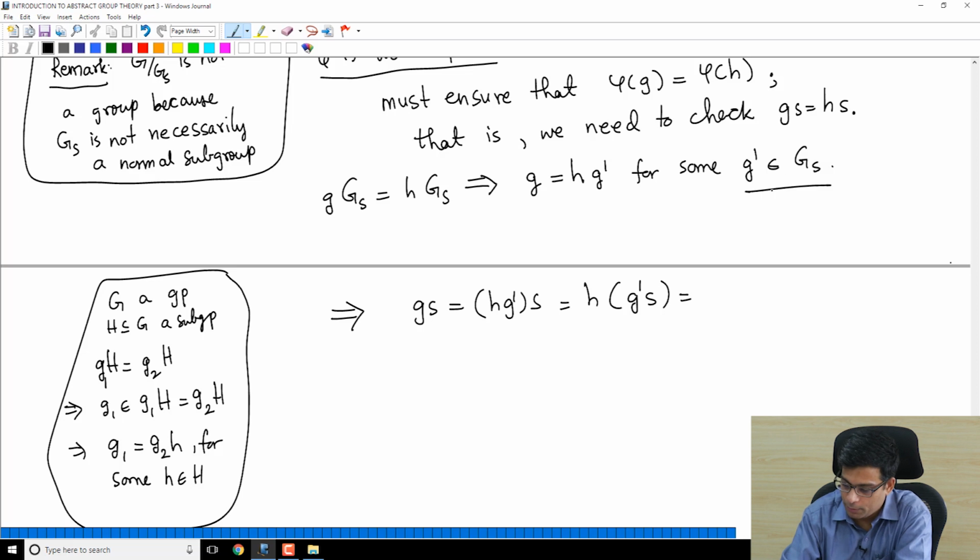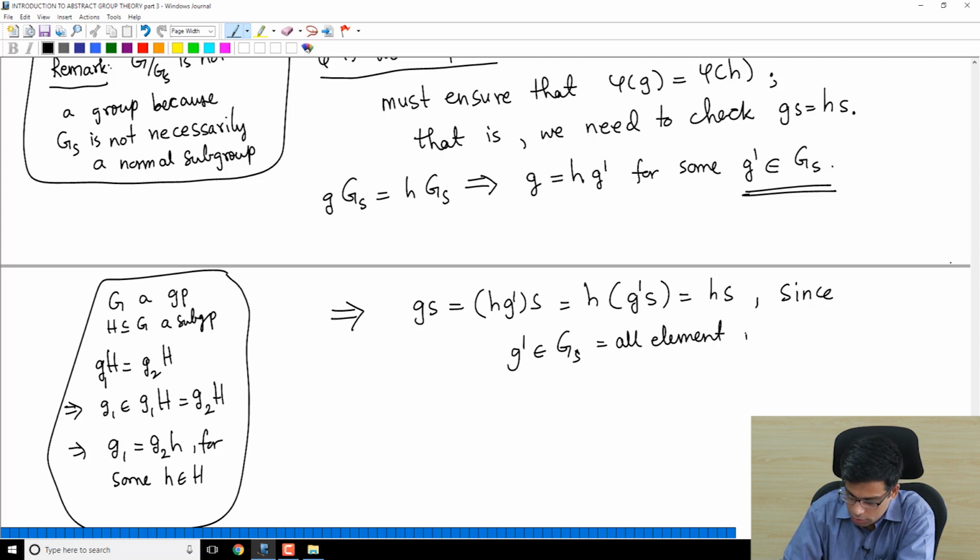But g' is in the stabilizer. What does the stabilizer mean? This is all elements in capital G that fix s.